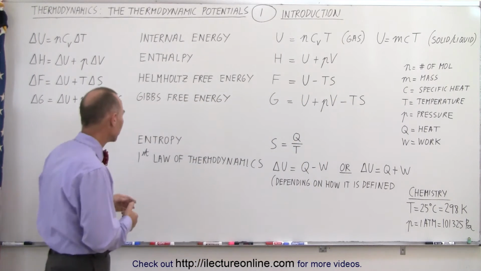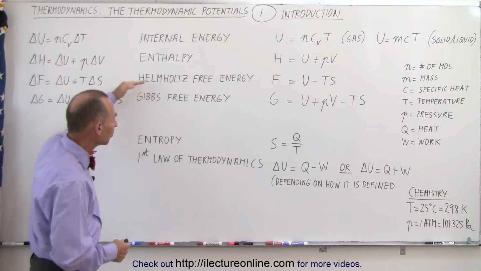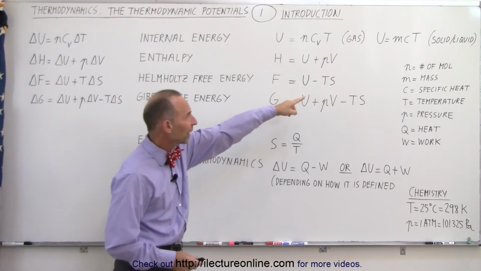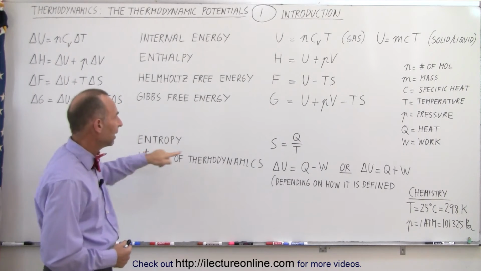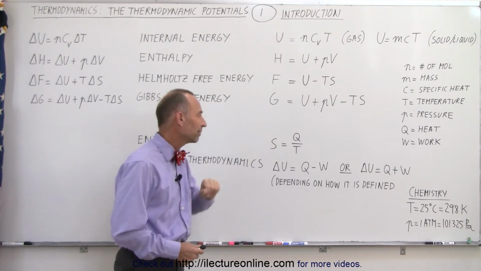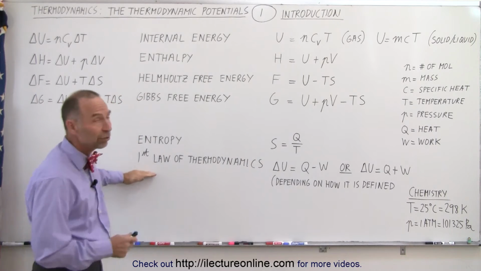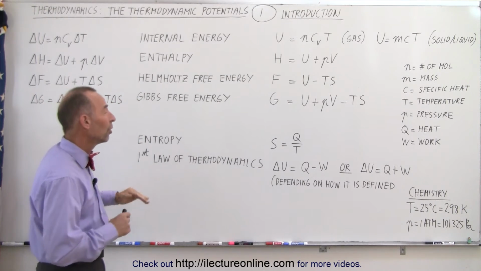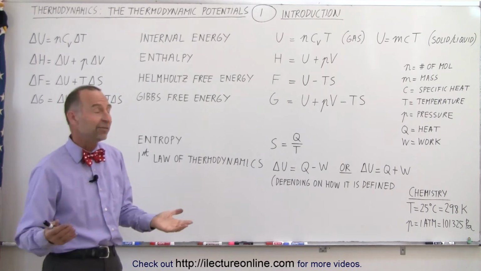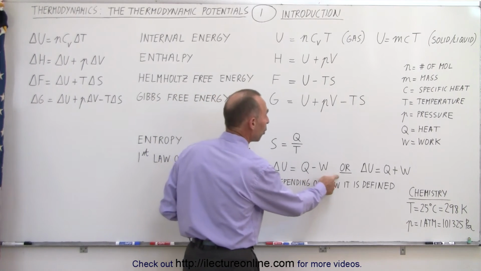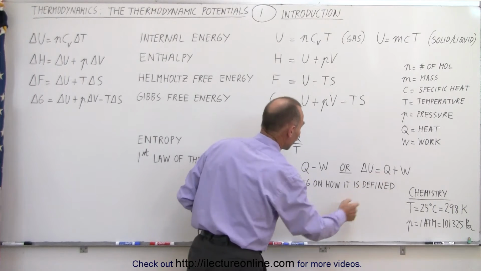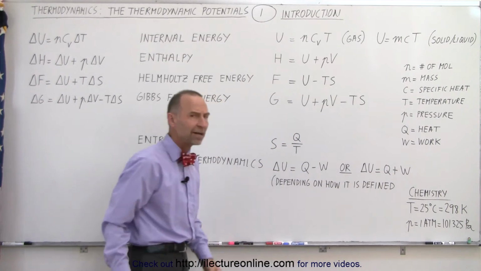We're also going to talk a little bit about entropy because, as you can see, the value for S appears in at least 2 of the equations, so we need to know what that is. And entropy is defined as Q divided by T. And then finally, we also need to know the first law of thermodynamics, which is defined in 2 different ways. It's either defined as delta U equals Q minus W, or delta U is equal to Q plus W. And that depends how it's defined.